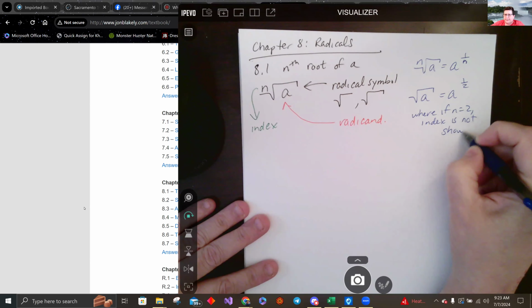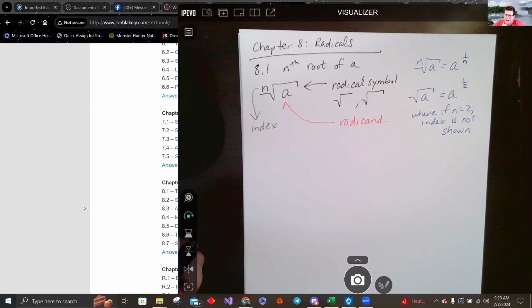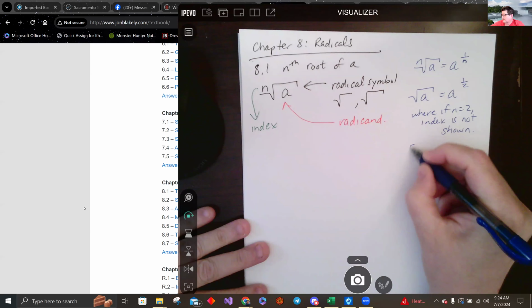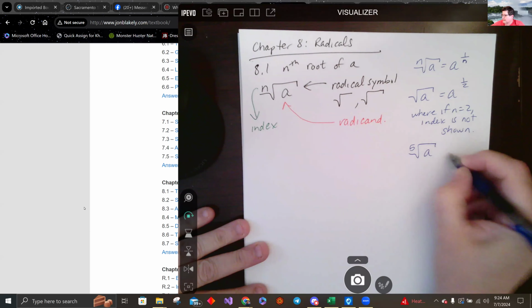It's implied, kind of like we don't show A to the first power, it's just implied. So the 5th root of A is A to the 1/5.